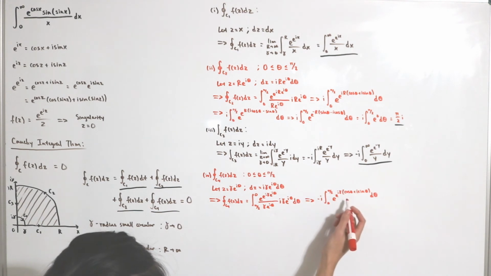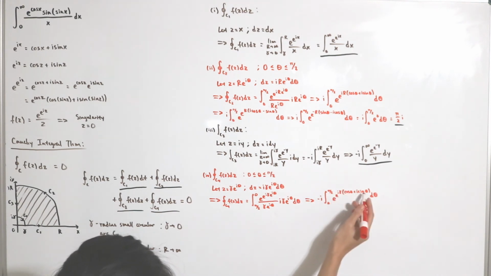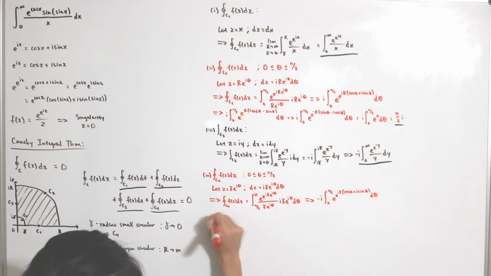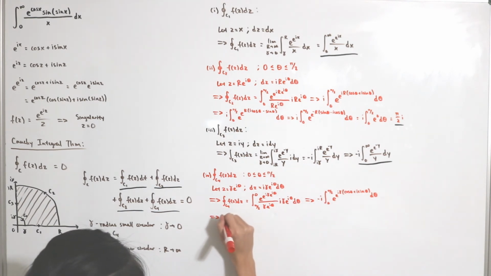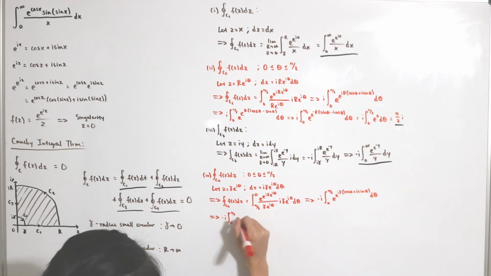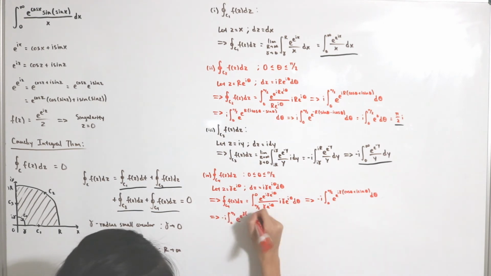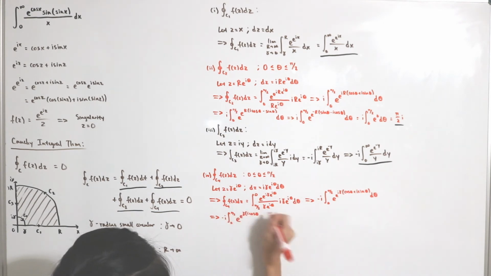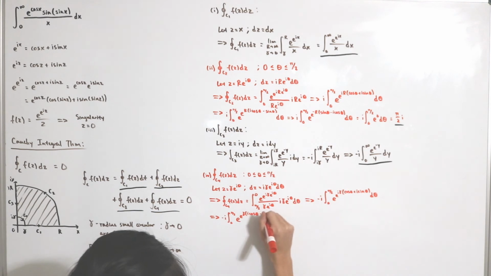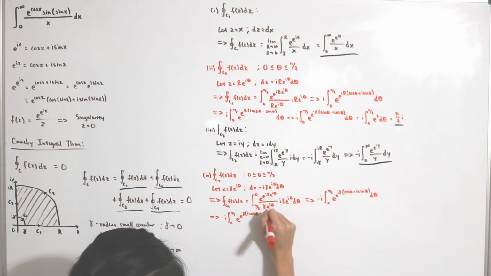Okay, and now just like before, I'll distribute the i into our Euler's formula. So then we get negative i, 0 to pi over 2, then e to the gamma multiplied by, so it's i cosine theta minus, yeah, i squared, so it's negative, so it's just sine theta, d theta.